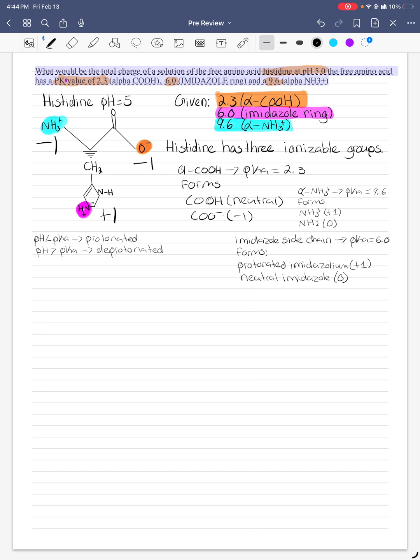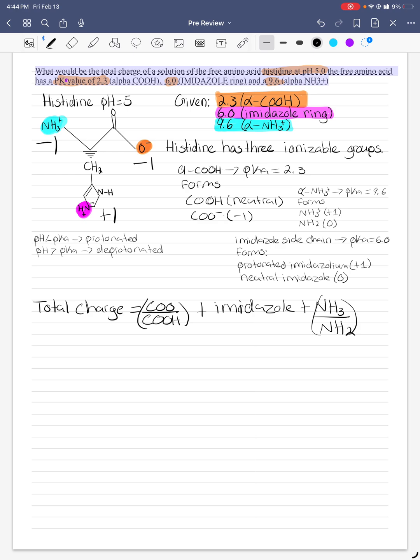And then after that, now we're going to just add the charges, right? So the formula is going to be the total charge equals COO over COOH plus the imidazole plus the NH3 over NH2, right?